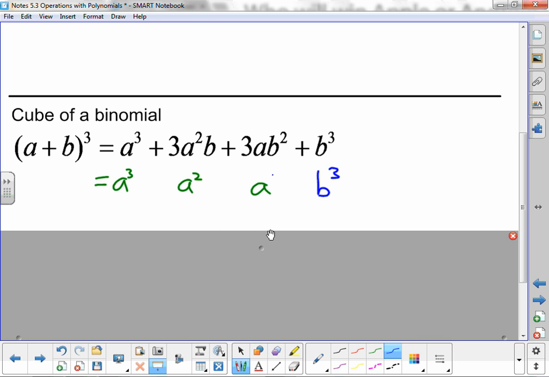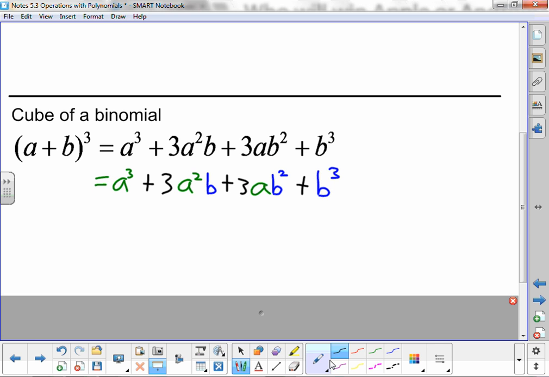The next one up is b squared. The next one is a b, and the last one has no b's. Then you just throw some 3's in the front. Okay, and that's how you would cube a binomial.